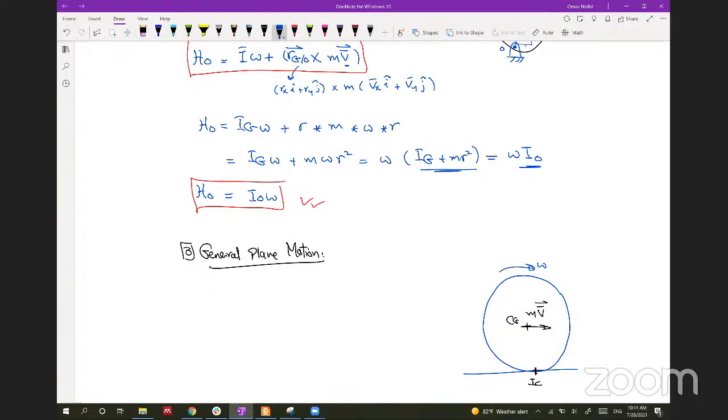Okay, so the linear momentum will be equal to m v bar or m v G vector. Both are the same thing. And the angular momentum about point G will be equal to I bar multiplied by omega.